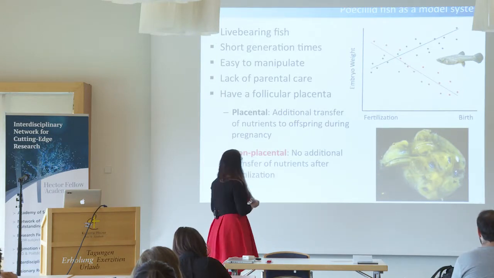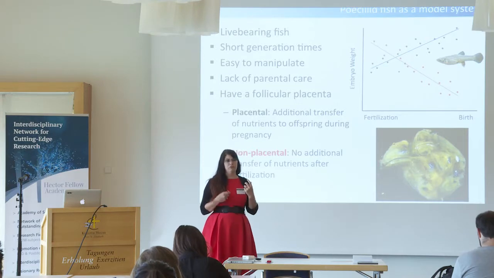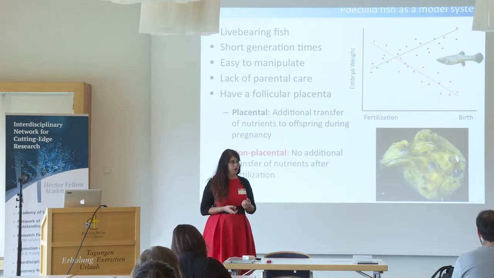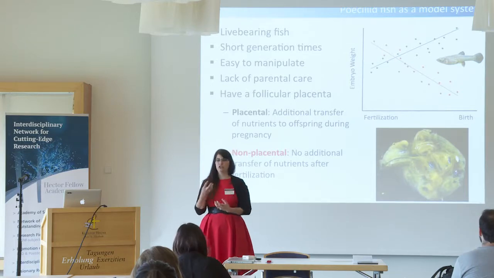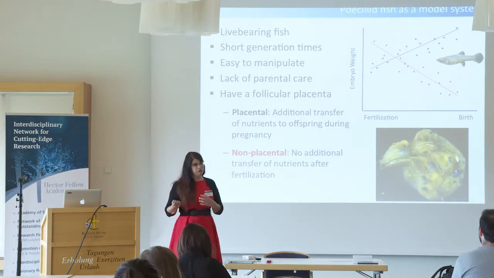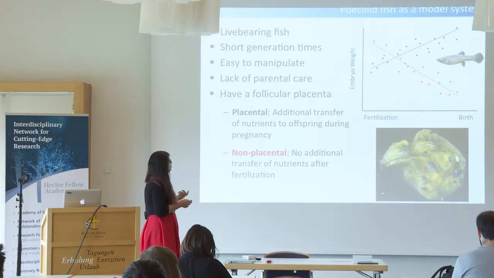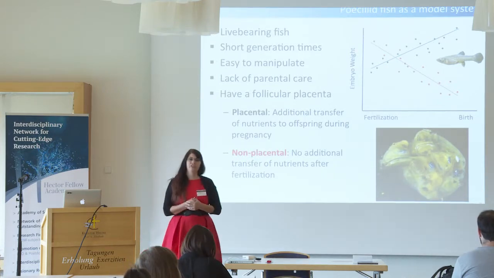What you have is small ova that are fertilized, and they actually increase in size prior to birth because the mother is giving additional nutrients throughout the pregnancy. Now, what we call the non-placental fish have a very ancestral type structure of a placenta. They pack in all the nutrients before fertilization.